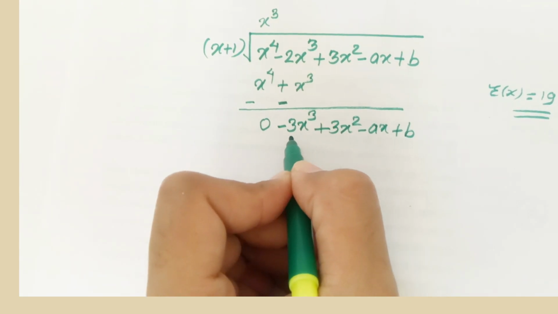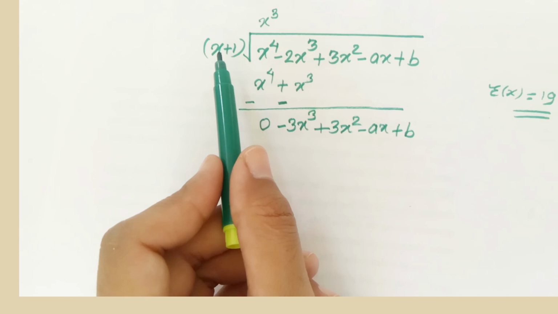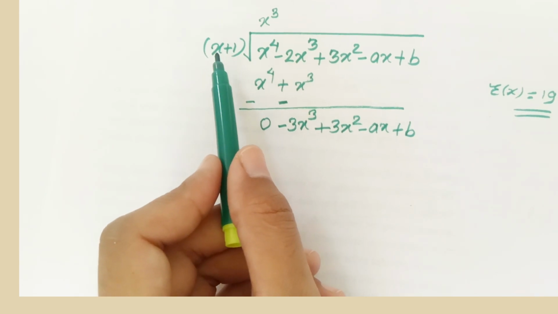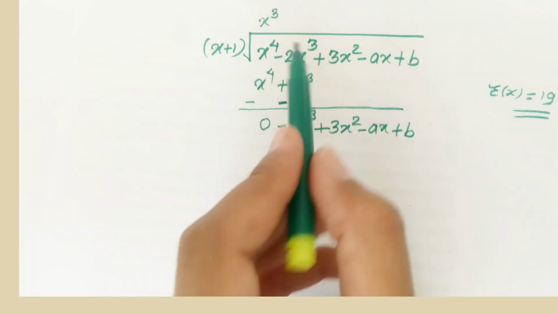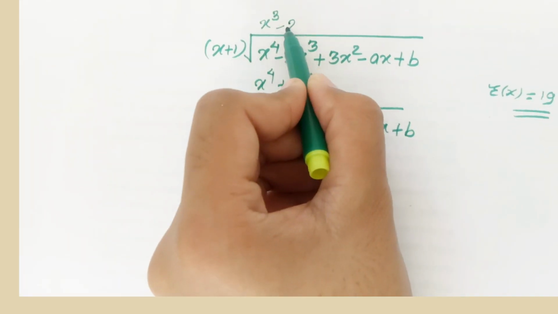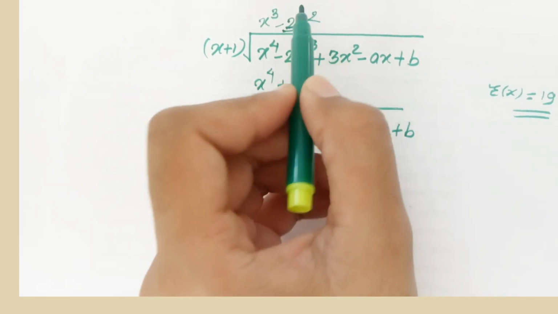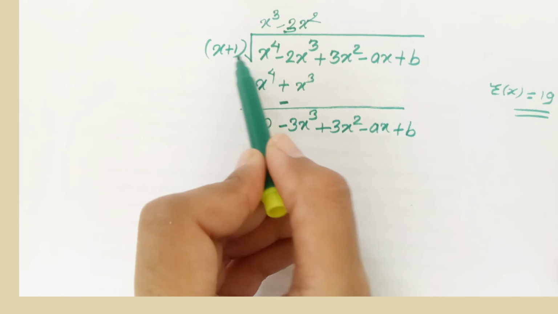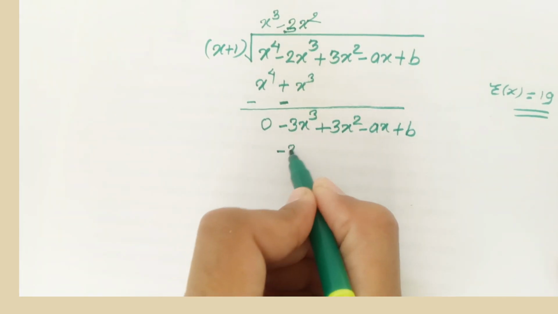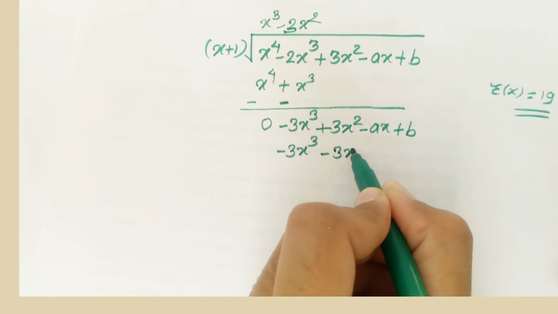Now the first term is minus 3x³ and here x, so you have to multiply this term by minus 3x², so we get a similar term. Here I am adding the next term, minus 3x². If we multiply minus 3x² to this term, then we get minus 3x³ minus 3x².